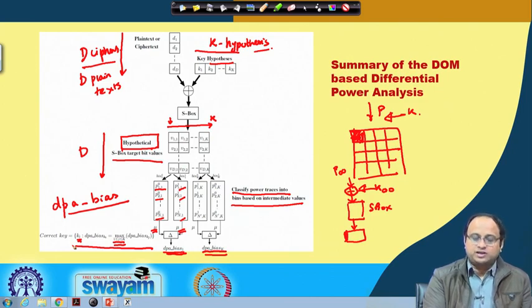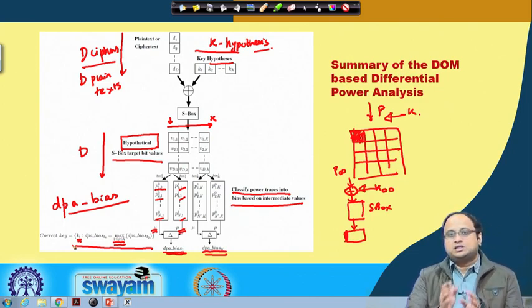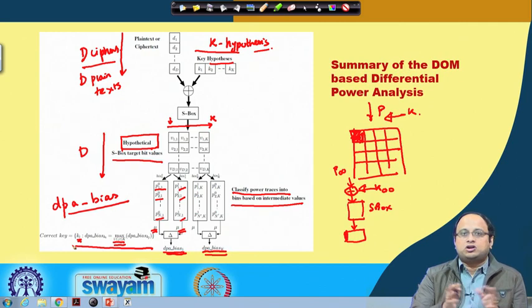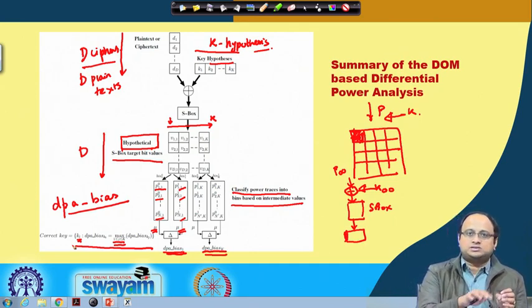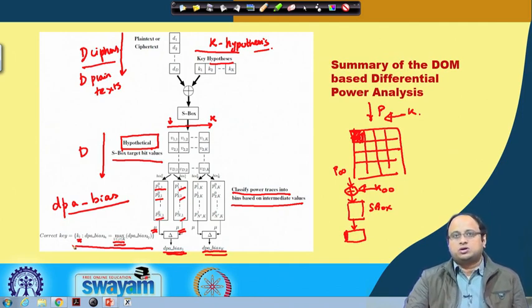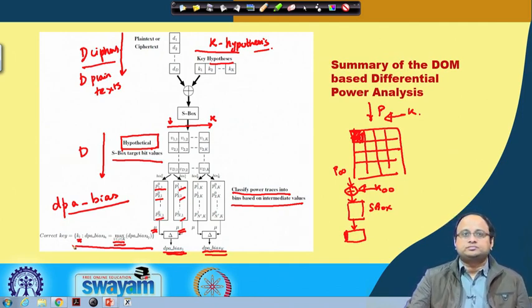Since this is a statistical attack, with fewer power traces you will have a lot of candidate keys. But as you progress and observe a larger number of observations, the correct key hypothesis will stand, whereas the other ones will fall off, and therefore the separation will be better.